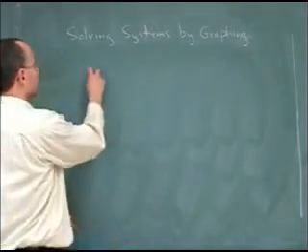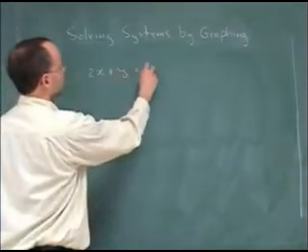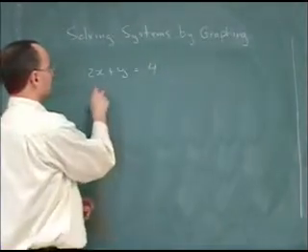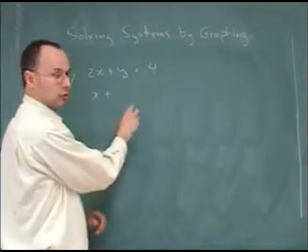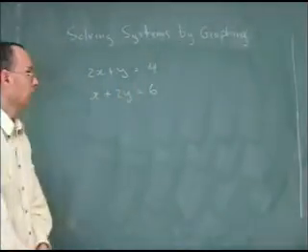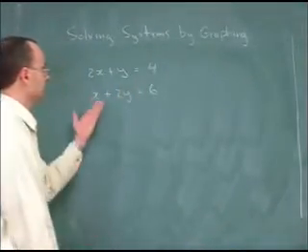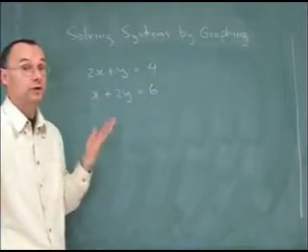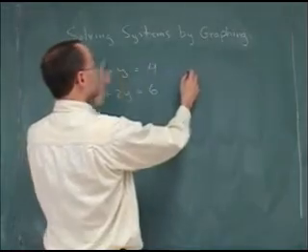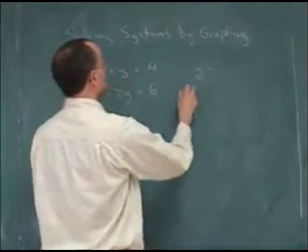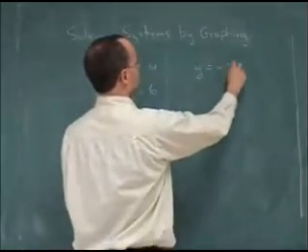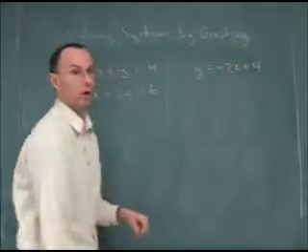In this one, we'll have 2x plus y equals 4, and x plus 2y equals 6. Now, again, I'm going to put these into slope-intercept form. And so this one's quite easy. The top one, we're simply going to subtract the 2x over. So we're going to end up with y equals negative 2x plus 4.